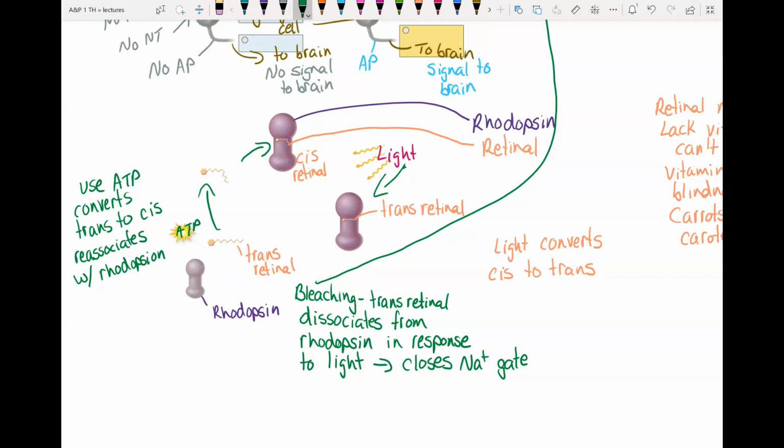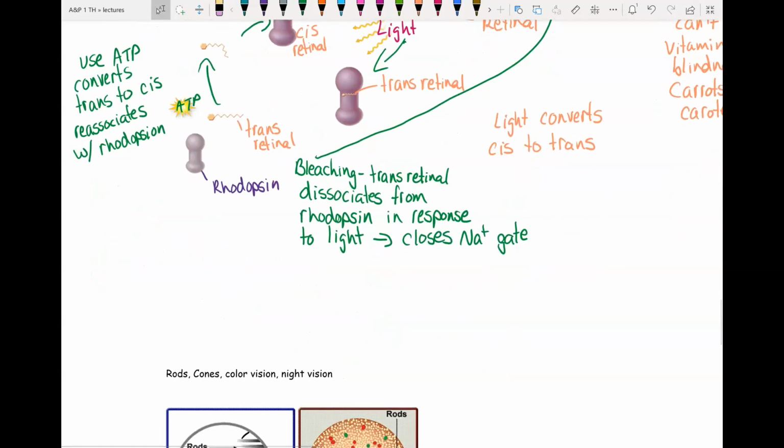So signals from your eyes to your brain are not continuous. It's more like a strobe light, but the strobe light happens so fast you don't notice. So it is not one continuous signal to your brain. It is a series of individual signals.